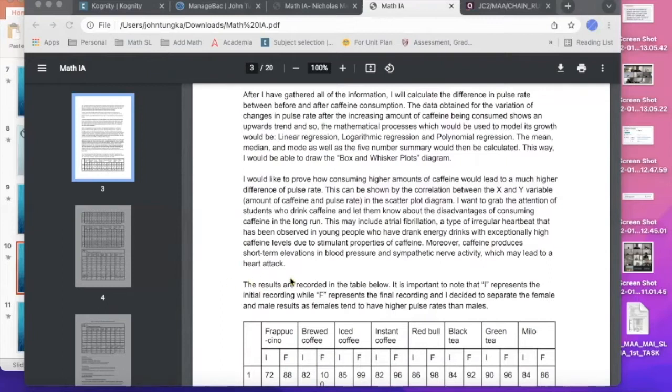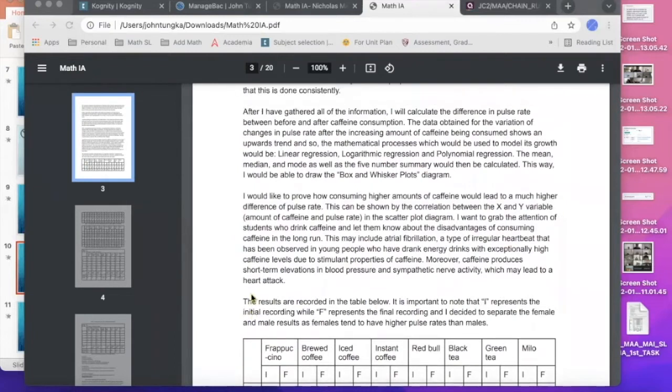And for the subheading, make it less like a scientific report. You don't need to put data analysis, data collection. Don't use that kind of format. If this is an exploration, you are free to be creative, as long as it's relevant to your IA.